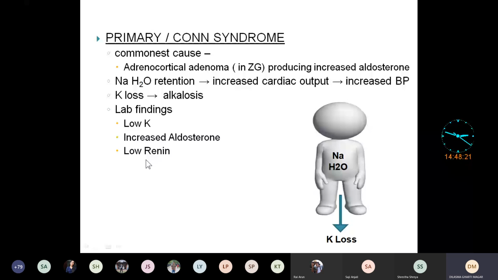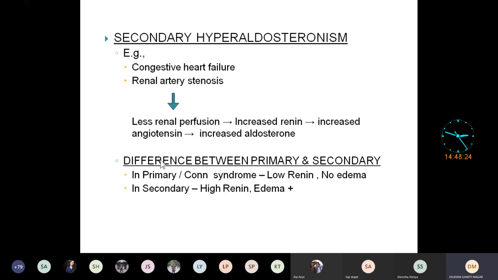Now we'll come to the secondary hyperaldosteronism. Whenever there is congestive heart failure or renal artery stenosis, what happens? The blood flow to the renal tissues, or the renal perfusion, will be reduced, isn't it?